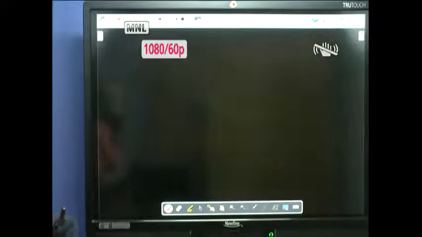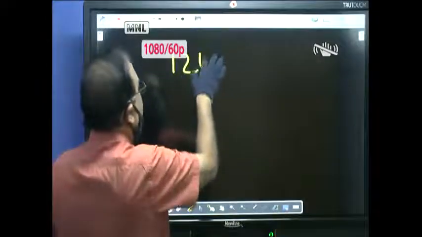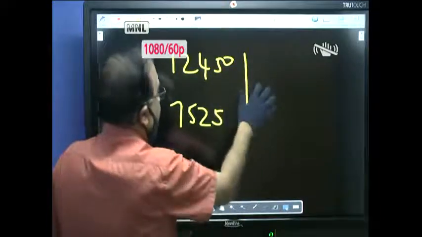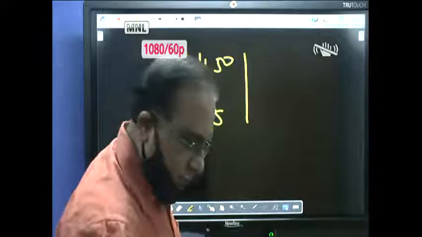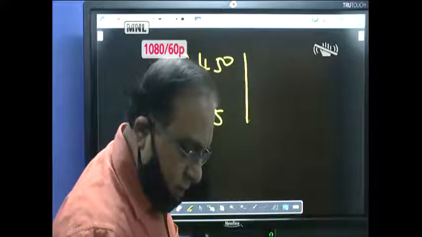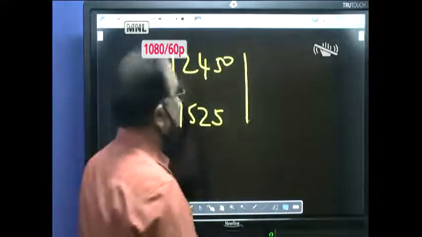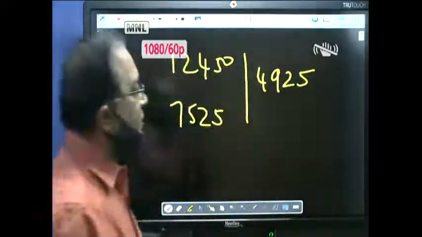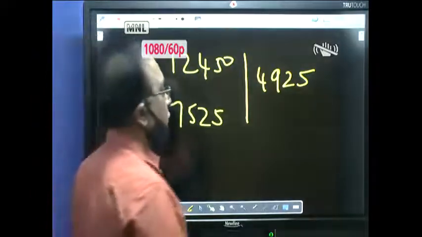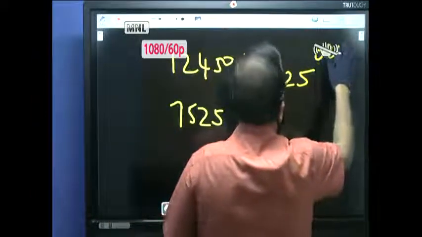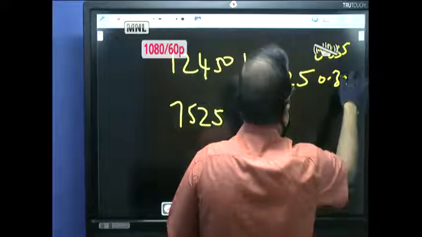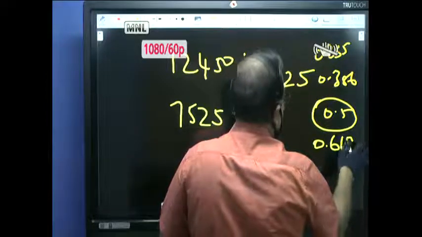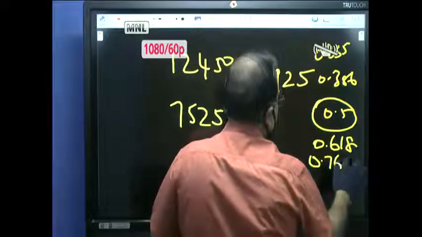So how do you project? 12,450 was the important high, 7,525 was the important low, right? So what is the difference here? The difference is 12,450 minus 7,525, which is 4,925, right? So on 4,925 we apply Fibonacci ratios, which are 0.235, which we have seen earlier, 0.386, 0.5, which is not a Fibonacci but is generally used by traders, 0.618, then 0.765 and then 1.